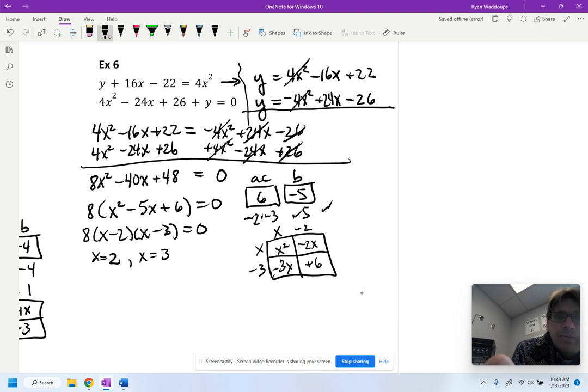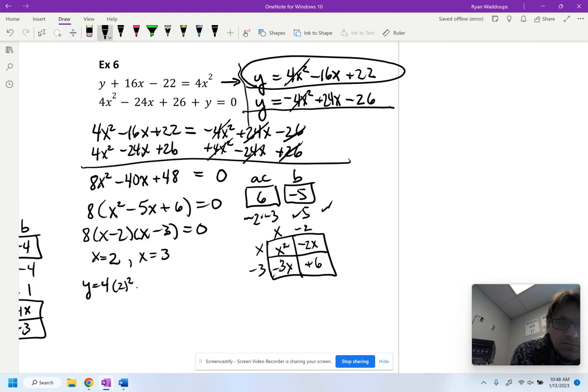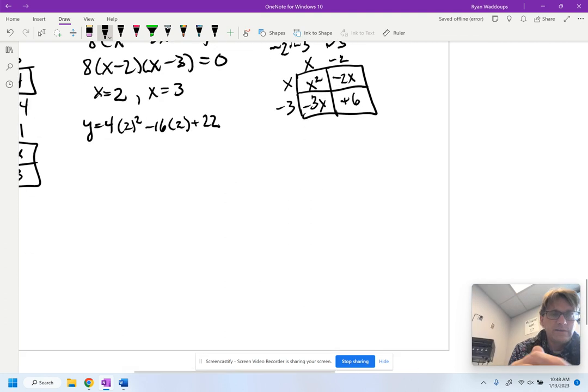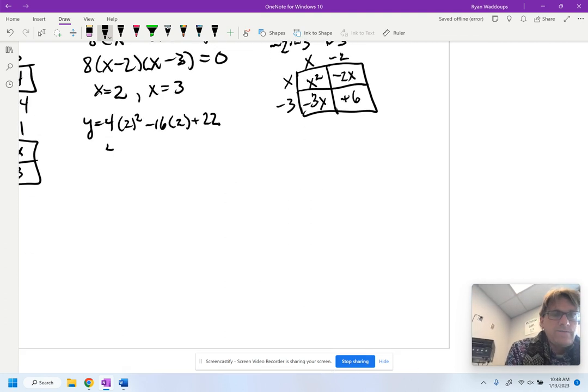So I'm going to go back up to the equation that I solved for y on one of these, and I'm going to put in 2. So y equals 4 times 2 squared minus 16 times 2 plus 22. And I'm going to evaluate. That's 4 times 4. Just write that as 16.